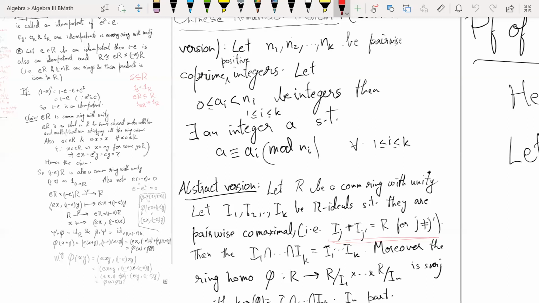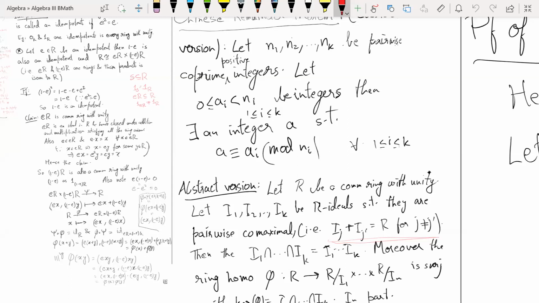Because there is no ideal in the integers, this part of the result doesn't appear there. But the existence part appears. Moreover, the ring homomorphism phi from R to the product of R mod Ij is surjective.